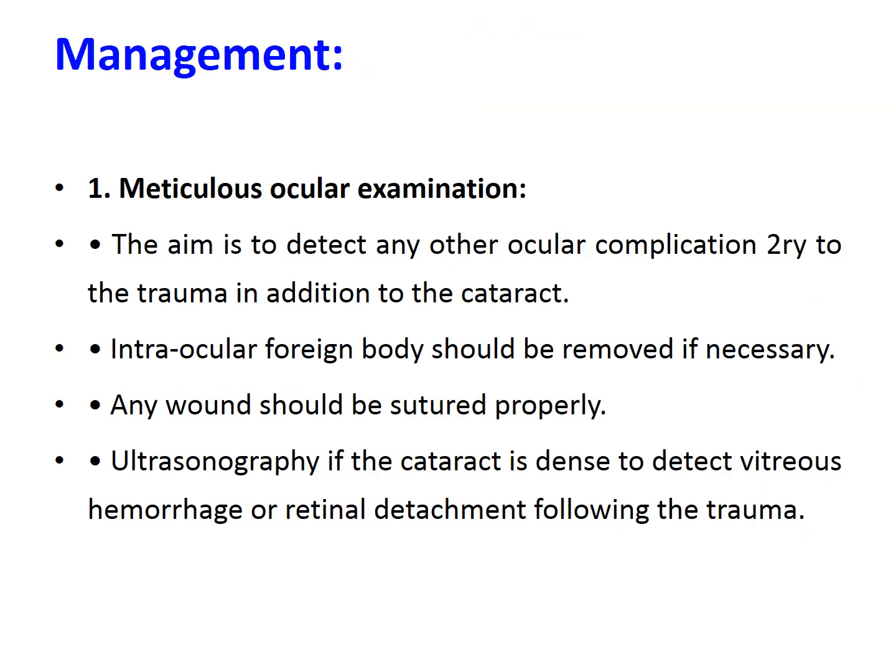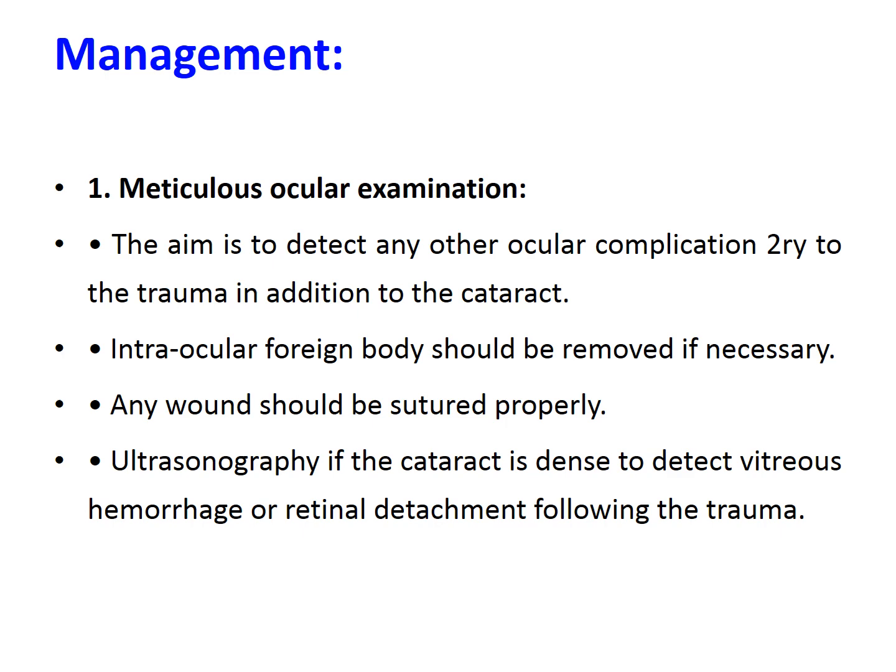How can we manage? Again, it is very important to decide on the vision, but the state of trauma itself needs meticulous ocular examination, as we may find other ocular complications secondary to trauma. We may find, for example, traumatic retinal detachment or open corneal wound or intraocular foreign body.